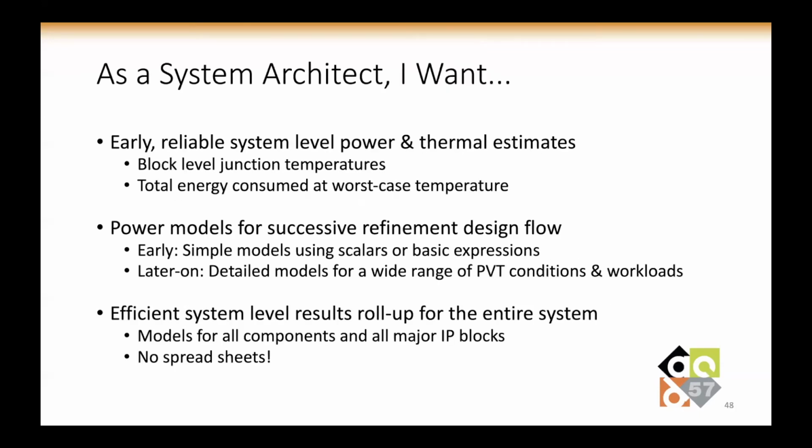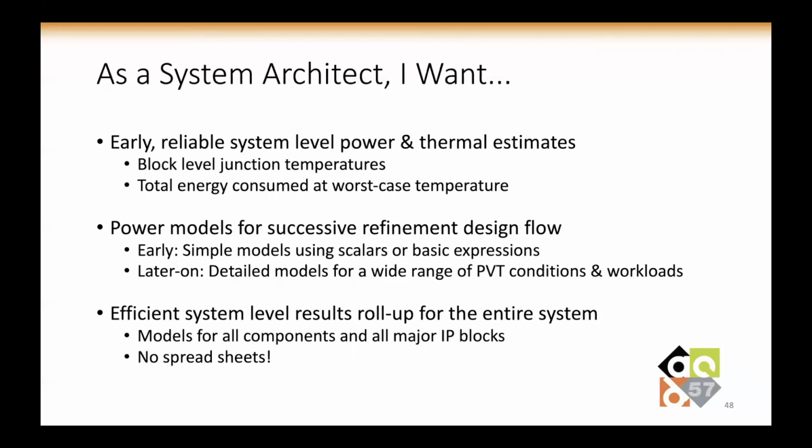So to achieve my goals, I have several wants and needs. Chief among these are early, reliable system-level power and thermal estimates. I want to see at the block level power consumption values and junction temperatures. I need to know the total energy consumed at my worst case temperature, but I likely won't know a priori what that worst case temperature will be.